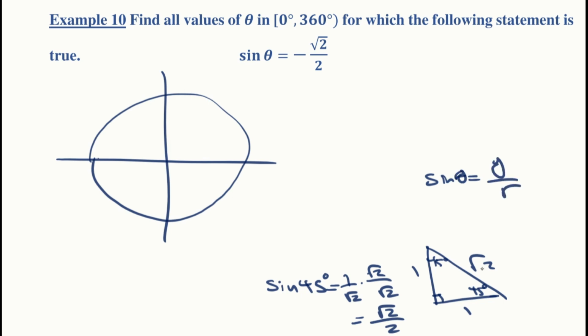Since r is always positive, sine is only going to be negative if you have negative for y over positive, which will give us negative. So what relatives of 45, which is right here, are going to have that quality? There is one here, right, and there is one here. So we just need to remember what those are.